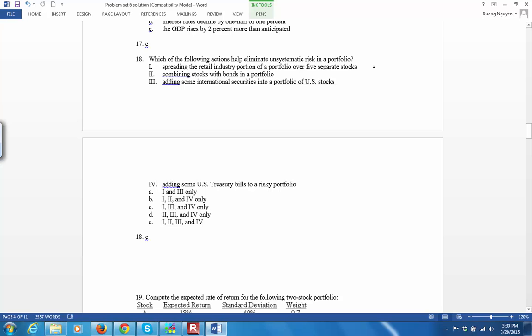If you spread the retail industry portion of a portfolio over 5 different stocks, that would help eliminate the unsystematic risk. Combining stocks with bonds, which is true. Adding some international securities, which is true. Adding some T-bills, which is true. So everything is correct, and the answer is A.